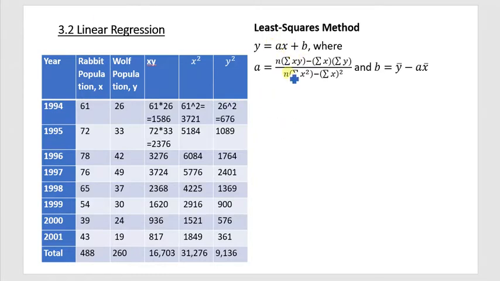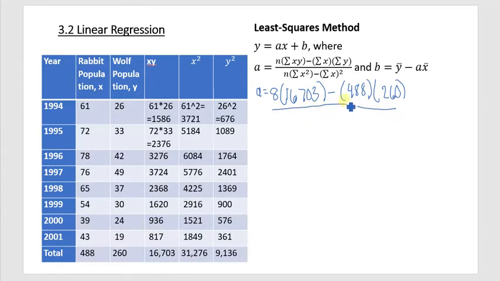So let's see if we get the right answers for first the line of best fit. So let's go: n equals the number of data points. 1, 2, 3, 4, 5, 6, 7, 8. We have 8. Okay, the sum of the xy's is 16,703, minus the sum of the x's, which is 488, times the sum of the y's, which is 260.